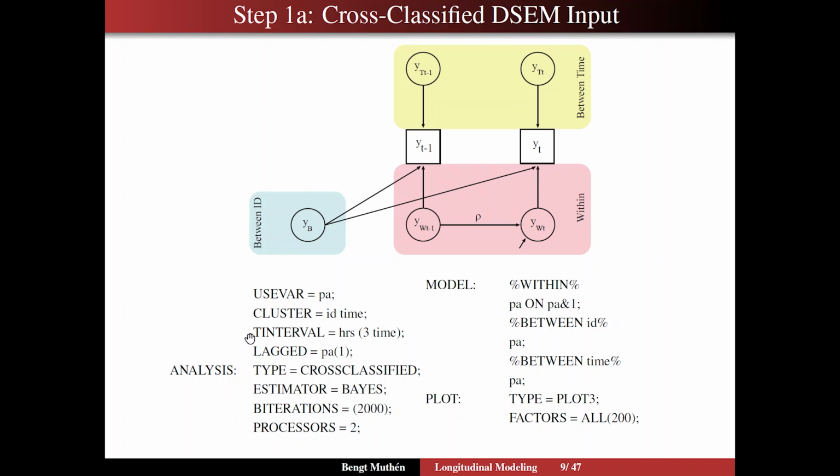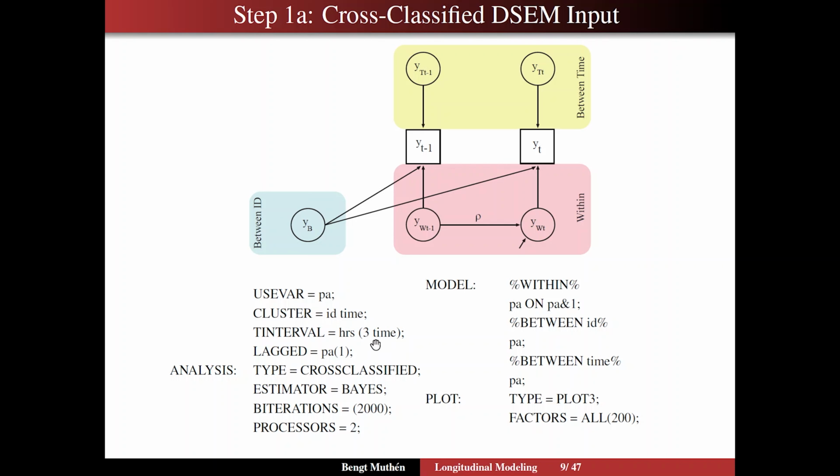Then we turn to the t-interval specification. It uses a variable called hours, which is an original variable in the data set that is on the names equal list. And we're going to handle it in terms of 3-hour bins, 3-hour intervals, so that the 24 hours of the day is represented by 8 time points.